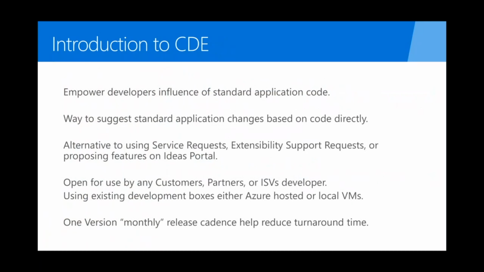Consider this an alternative to creating service requests, extensibility support requests, or, if there is a feature you would like to see, otherwise just waiting and hoping for it by logging it on the ideas portal.